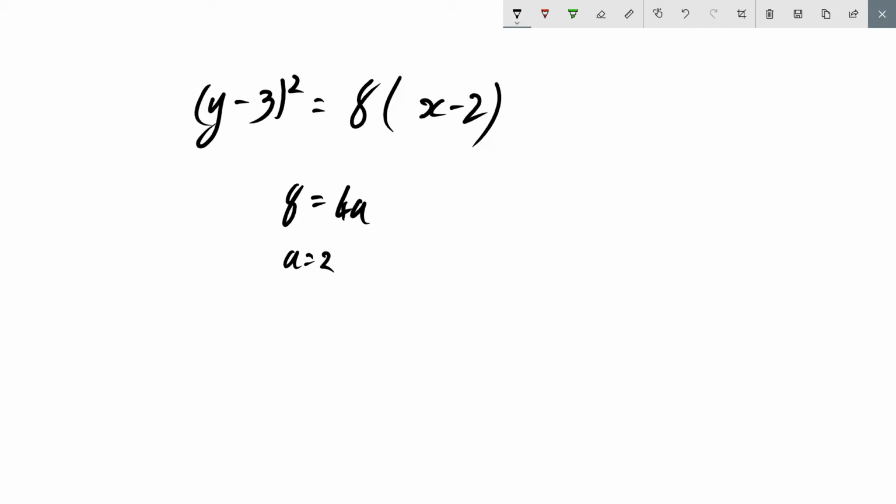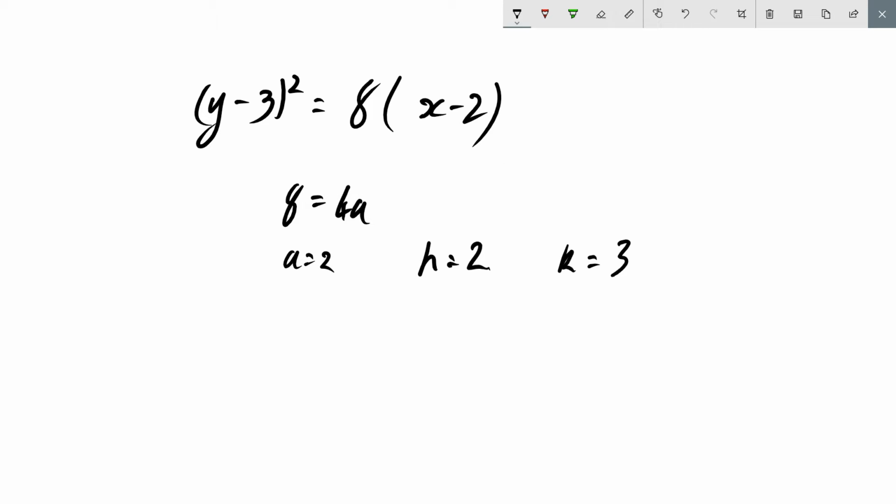The horizontal shift, so this is conveniently a negative, so just take the opposite of whatever's in the brackets here with the x. The opposite of minus 2 is just 2, so our horizontal shift is 2. We can apply the same logic for the k value. The opposite of minus 3 is positive 3.